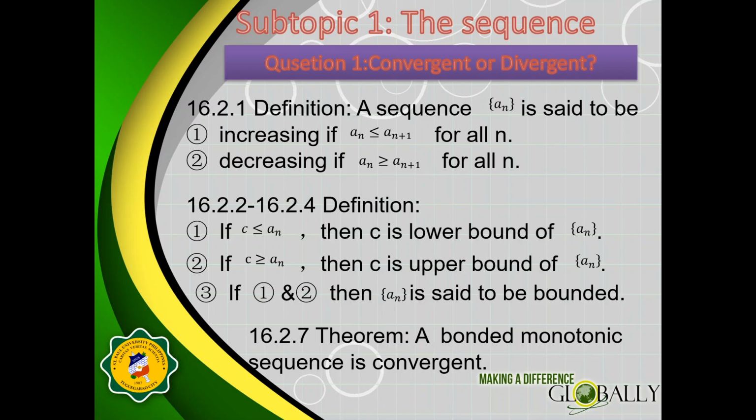And we have theorem 16.2.7: a bounded monotonic sequence is convergent. So now we have this theorem to help us determine whether a sequence is convergent or divergent.